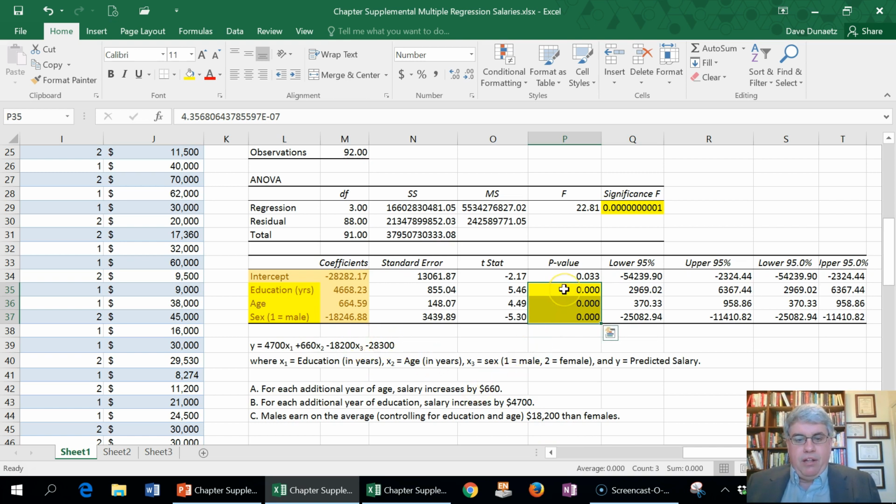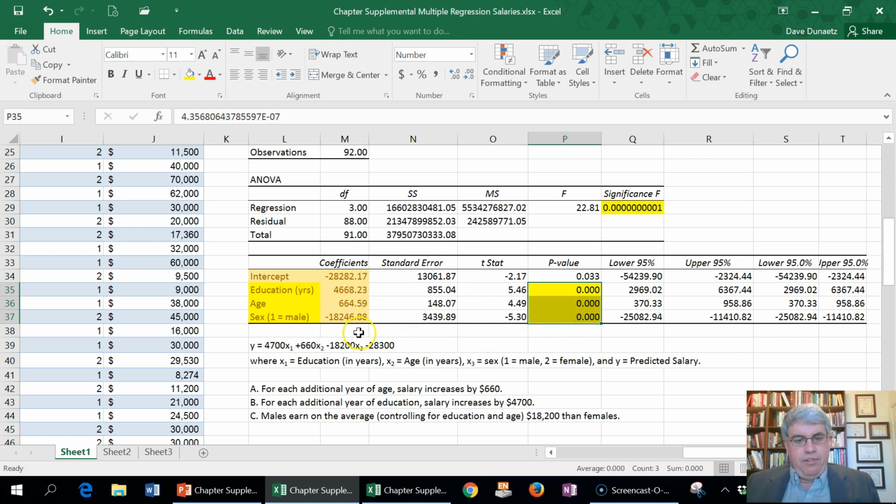Now, these p-values tell us that, yes, we can be sure that education adds something to it, that that's what the significant means, that the coefficient is positive. The coefficient for age is also positive because the p-value is less than 0.05. And so we can be sure that education predicts additional salary.